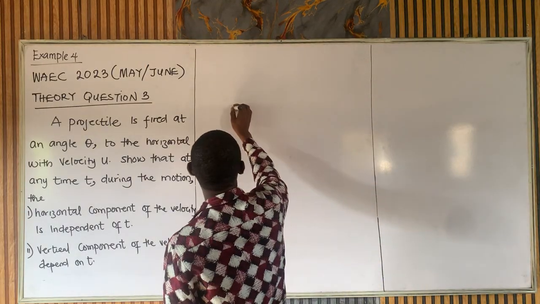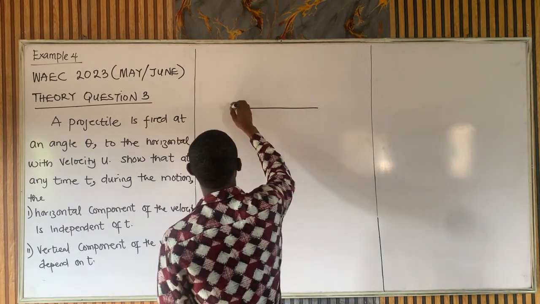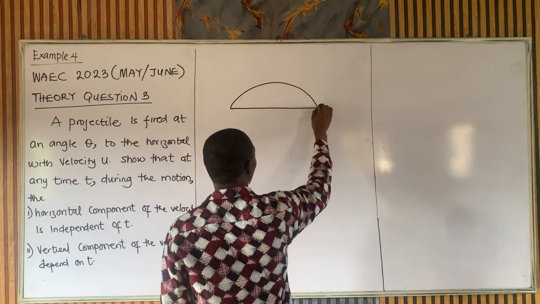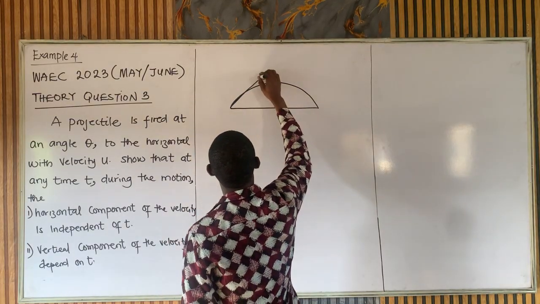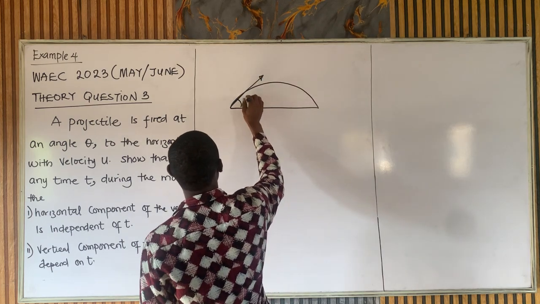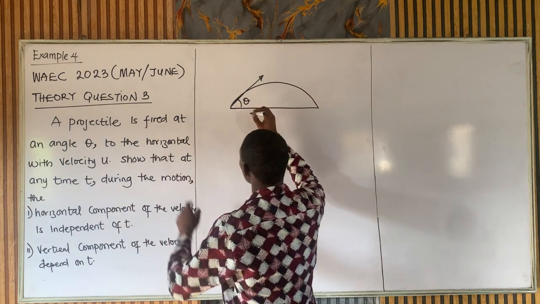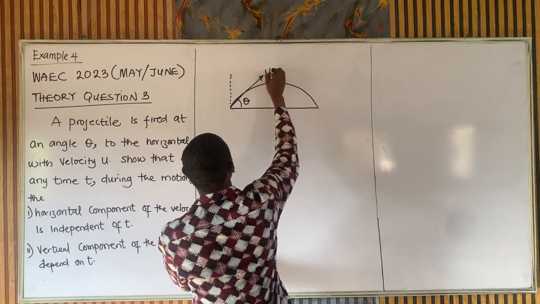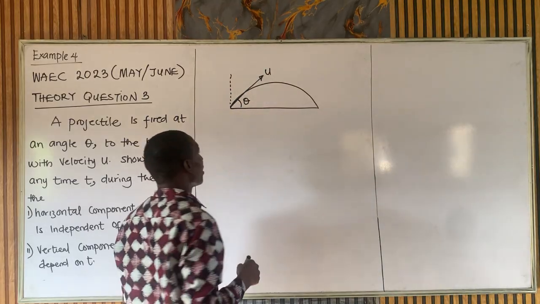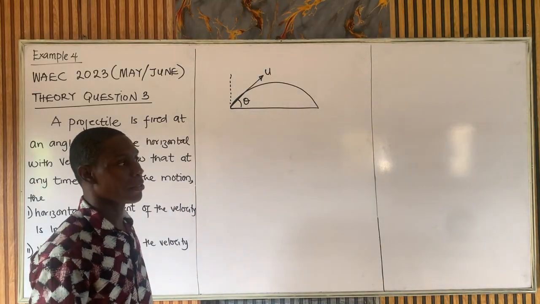Let's illustrate the path of a projectile firstly. And then this is the velocity tangential to the path of motion, making an angle of theta to the horizontal, as the question says, with a velocity u.